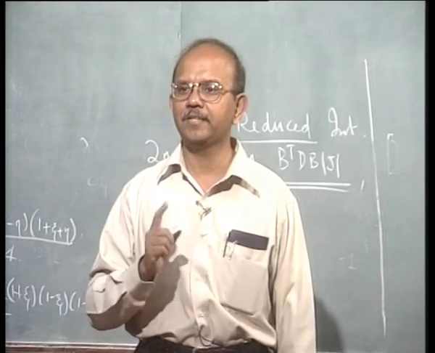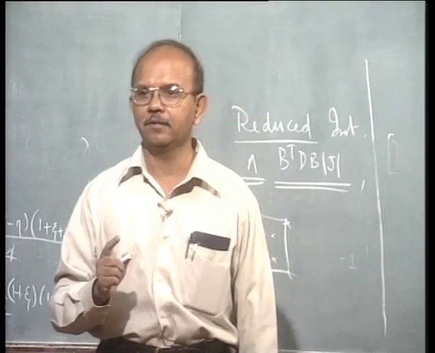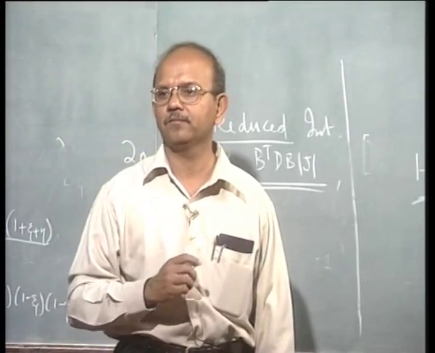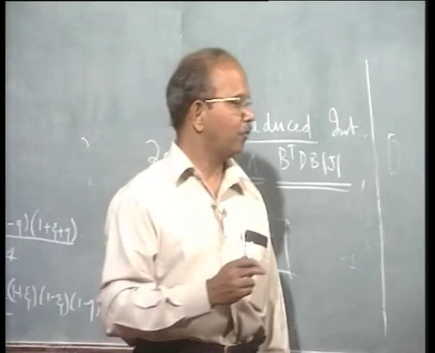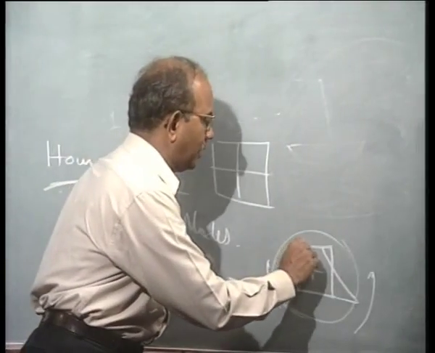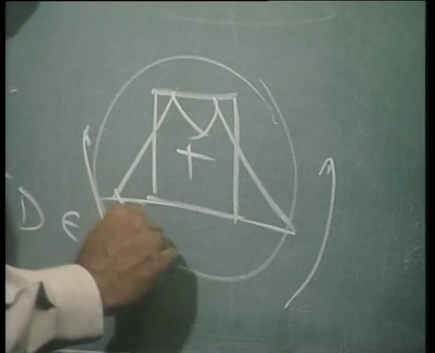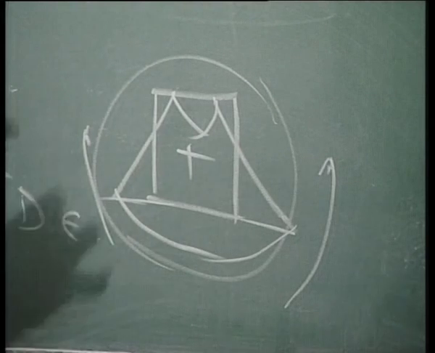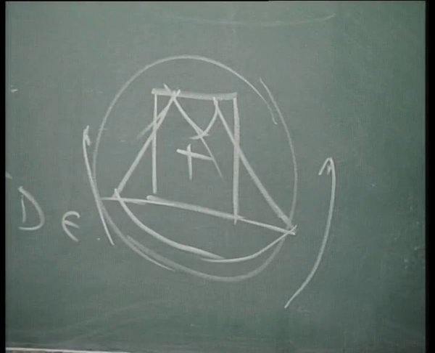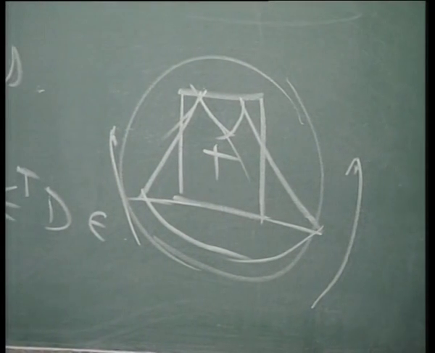Because we want plane sections to remain plane, because we don't want any shear deformations. In actuality, this bending would be like this, so that this angle would have remained 90 degrees and plane sections would have remained plane.